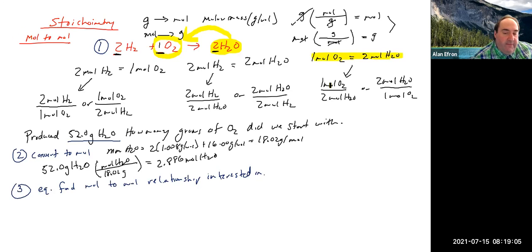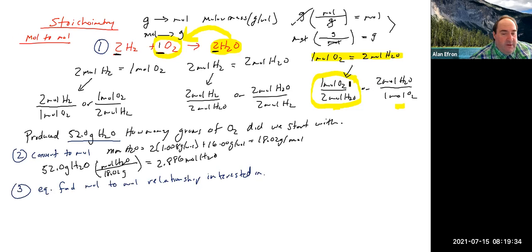And remember, from this relationship, it gave us 2 conversion factors that we potentially could use. So which one do we want to use in this case? Well, we are in water and we want to get rid of water. So like a normal conversion, what we want to do is go opposite. So we would want to use the conversion factor where water is on the bottom. So we would want to use this one on the left. Again, as I mentioned earlier, you typically don't use both of them.